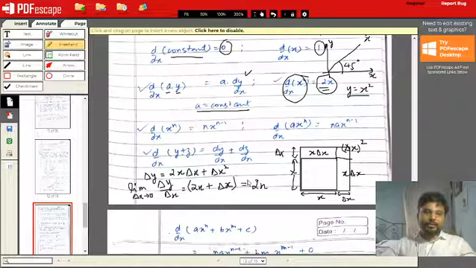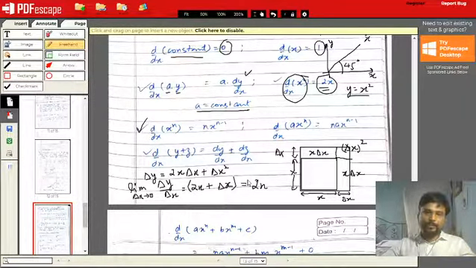Next, there is a general formula which would come again and again. d by dx of x to the power n is equal to nx to the power n minus 1. This can be easily remembered: whenever we have to differentiate something which has some constant power, the power comes as a coefficient and the power itself becomes reduced by 1.